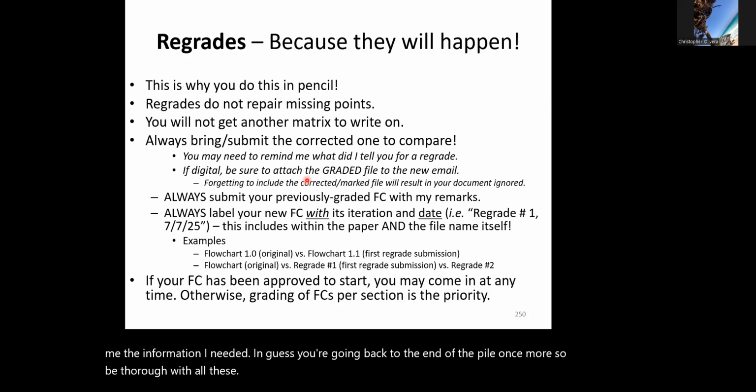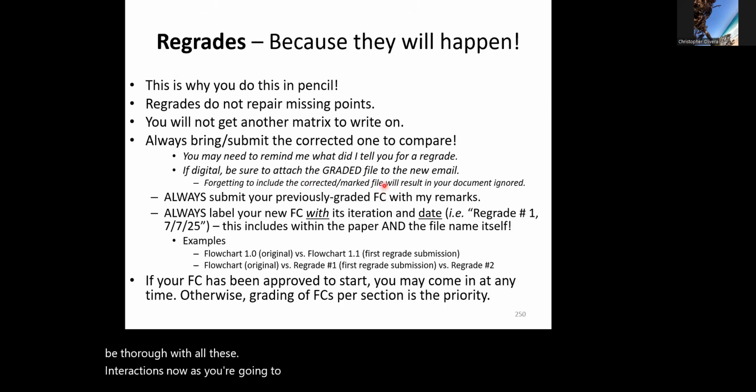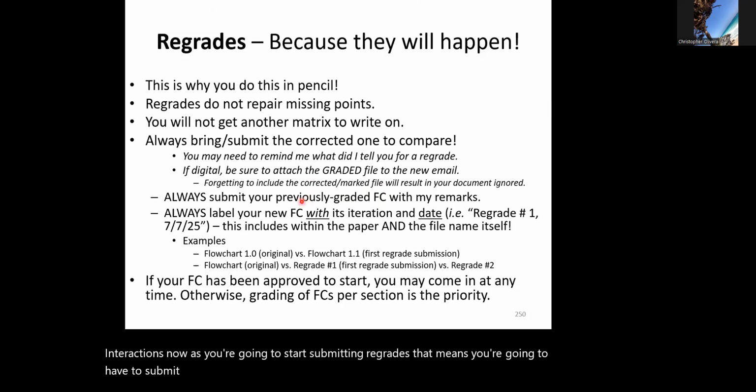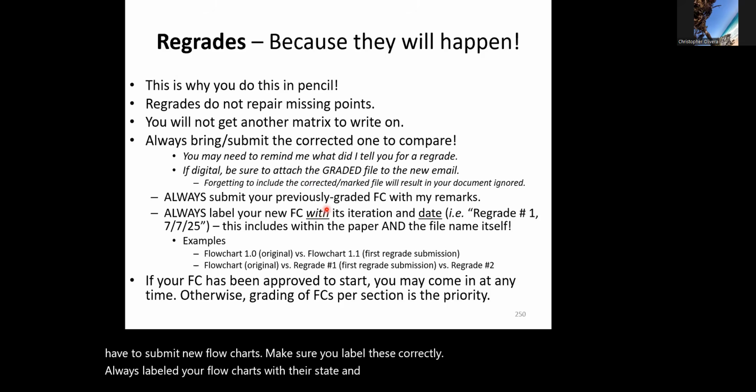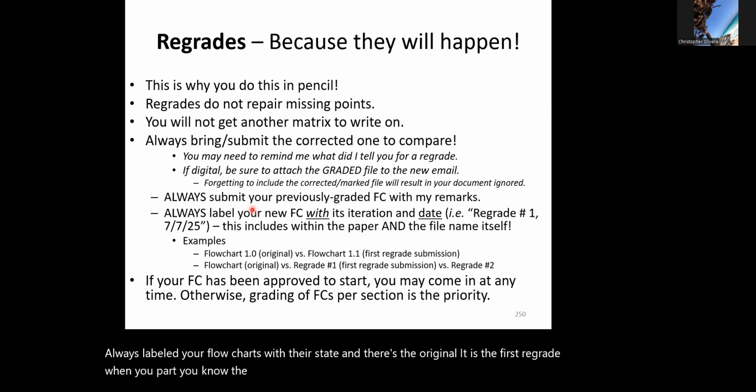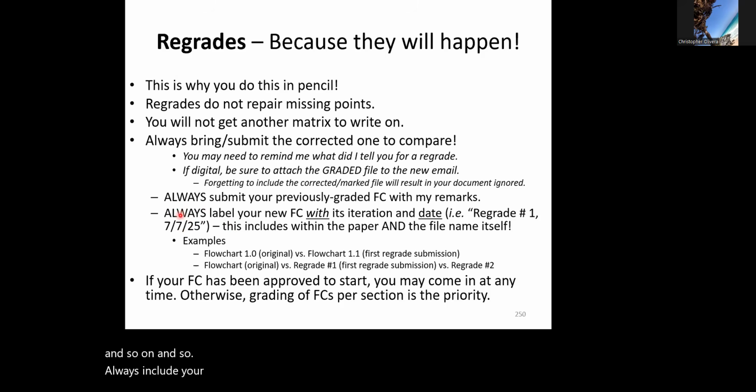Now, as you're going to start submitting regrades, that means you're going to have to submit new flowcharts. Make sure you label these correctly. Always label your flowcharts with their state. Is this the original? Is this the first regrade? The second round, regrade number 2, which would be the 3rd round, and so on and so forth. Always include your dates. That means the date from submission as well as the regrade behind them.